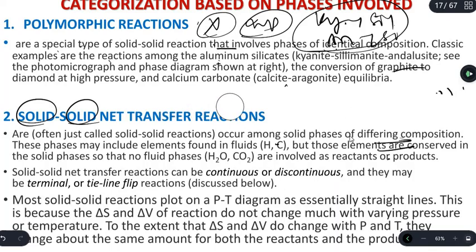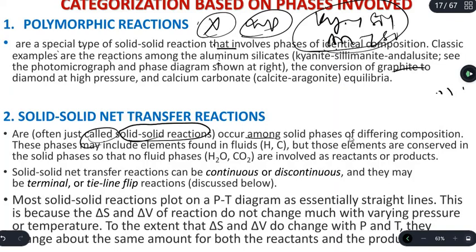Exactly, एटम के अंदर, not like a separate volatile fluid phase is present, that is the structure of the atom or structure of the mineral, right? So they are often just called solid-solid reactions भी बोलते हैं, occurring among solid phases of different composition.